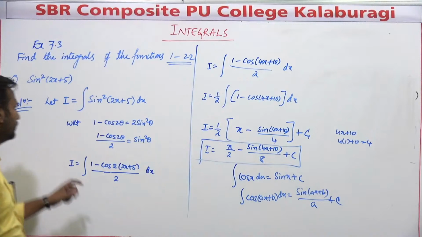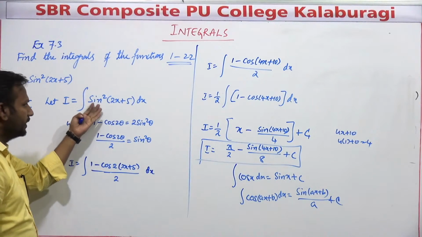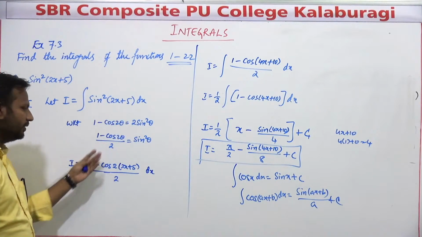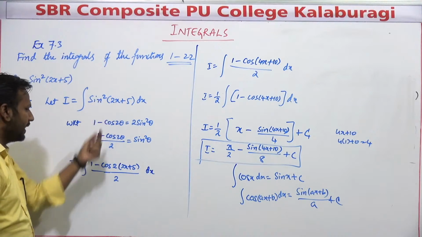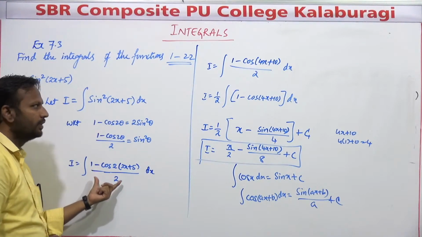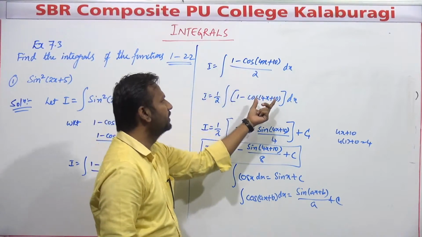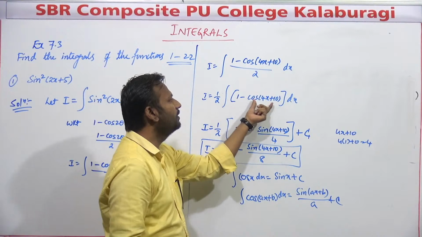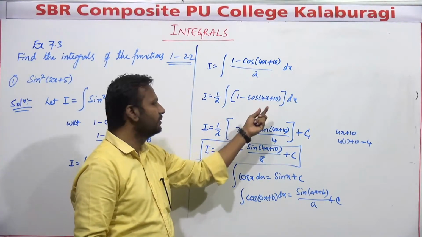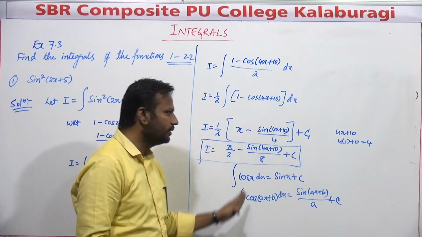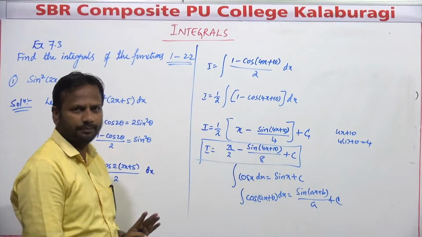Right? So here we can't integrate directly. That's why we use the trigonometric formula. We split this as a difference of two terms. When you split it as a difference of two terms, you will get easily integrable integrands, right? Then you can integrate with the help of formulas. You will get this as the answer. Got it?